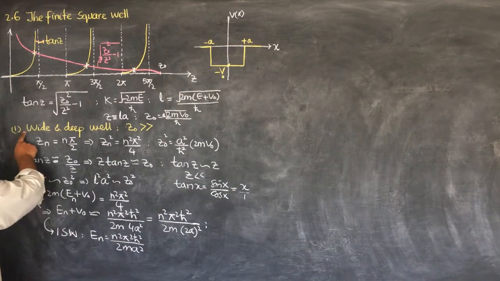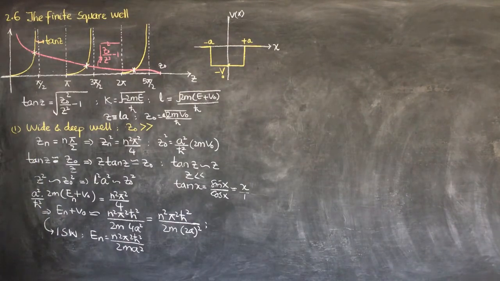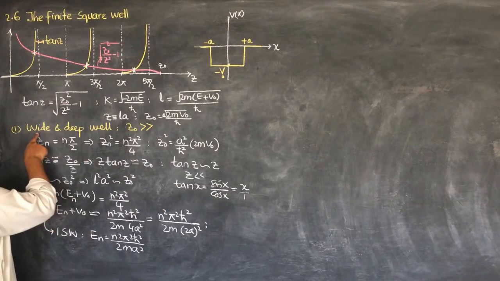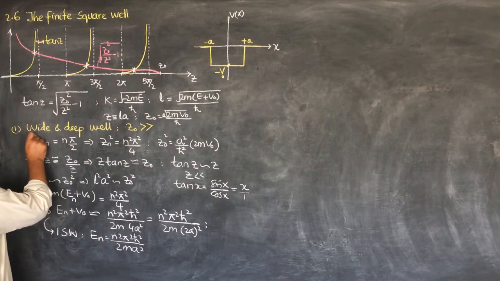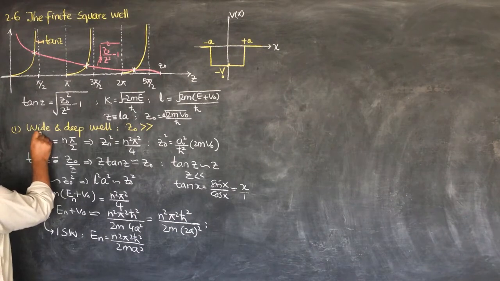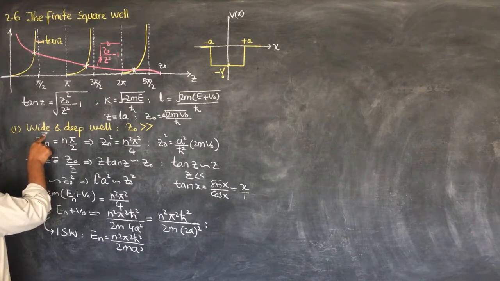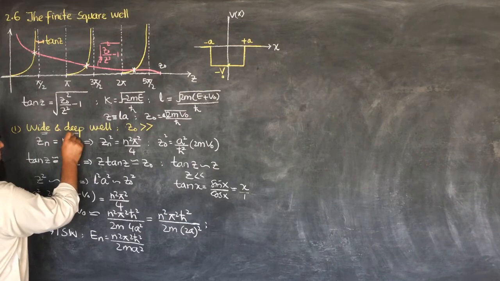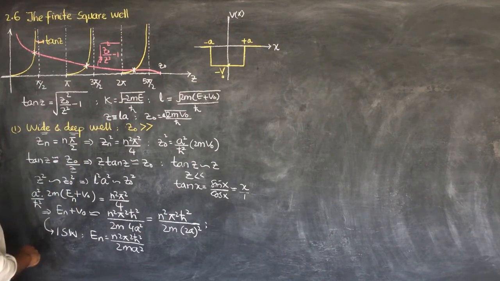So this is one of the limits of the finite square well. Another limit we can take is just the opposite: when it is not wide but narrow, and not deep but shallow.